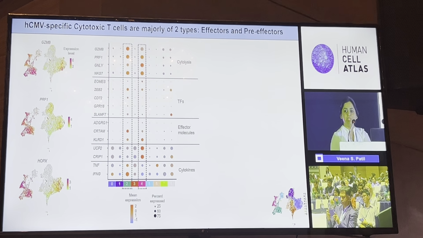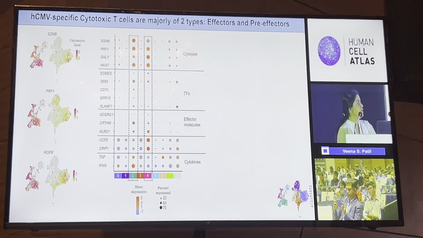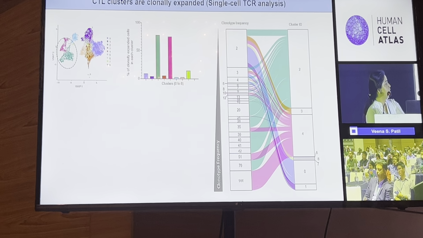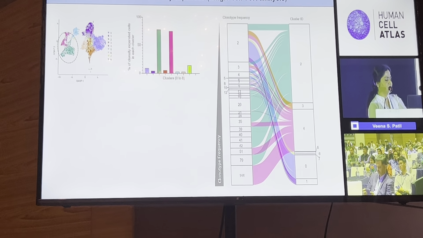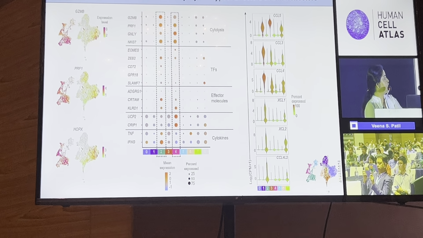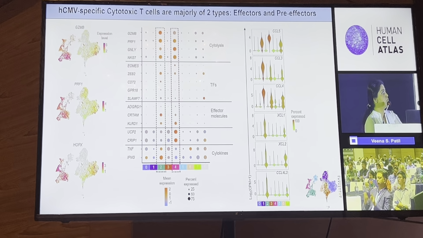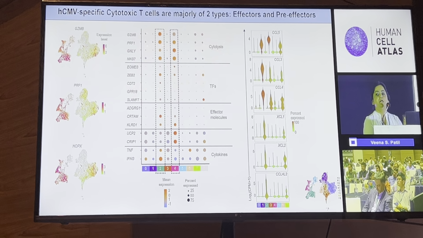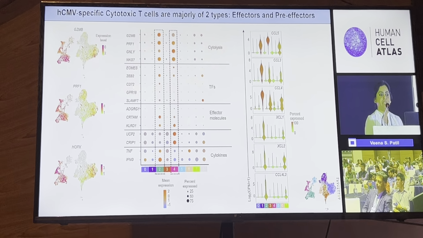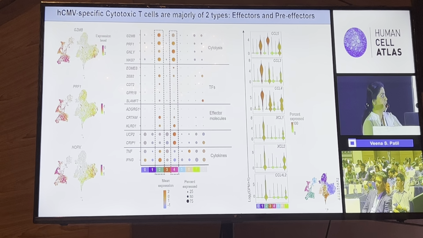We call them pre-effectors and effectors. Not just this, the interferon gamma and TNF cytokines, they also made many chemokines, which were highly expressed in the effector cluster compared to the pre-effector cluster.